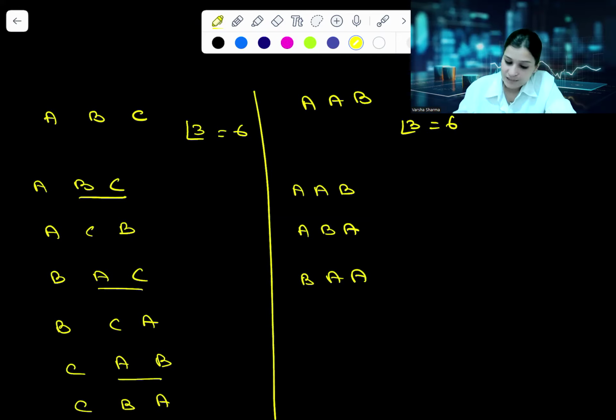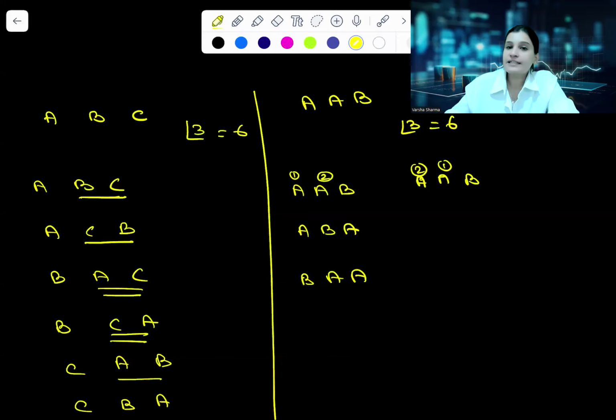See, what happened here is this BC interchanging to CB was considered another word. This AC interchanging to CA was considered another word. But here, since the two letters A are repeated, when I interchange these two A's, the second A first, the first A later, then B, does it give me another word? No, it doesn't even make sense, right?